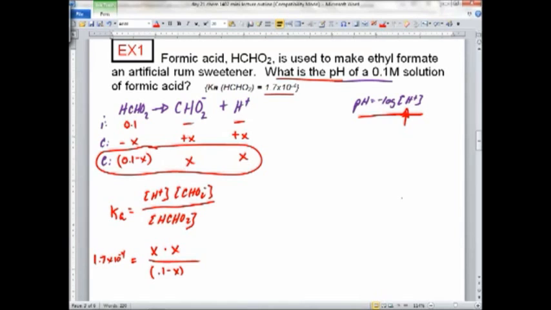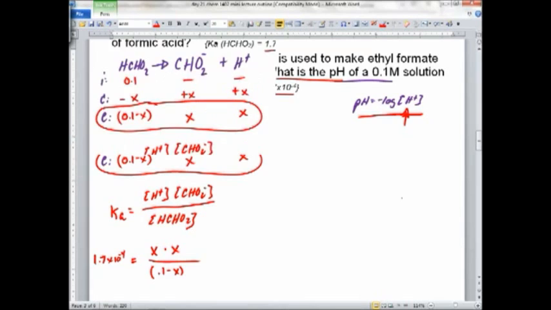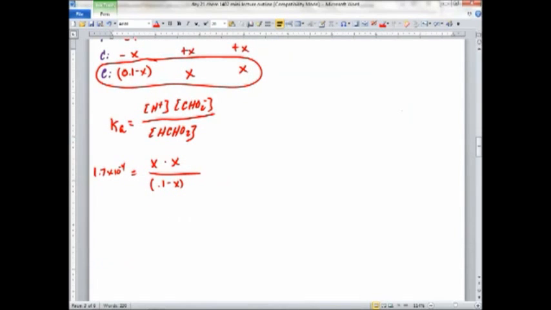Okay. So what would you like to do first, Ray, to solve for our x? Yeah, the crisscross thing. I agree with them.